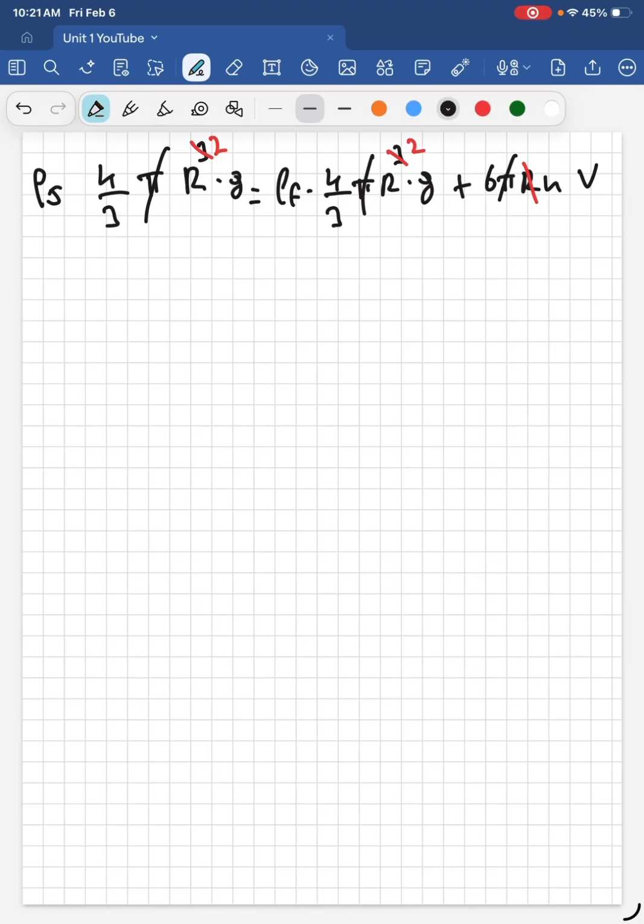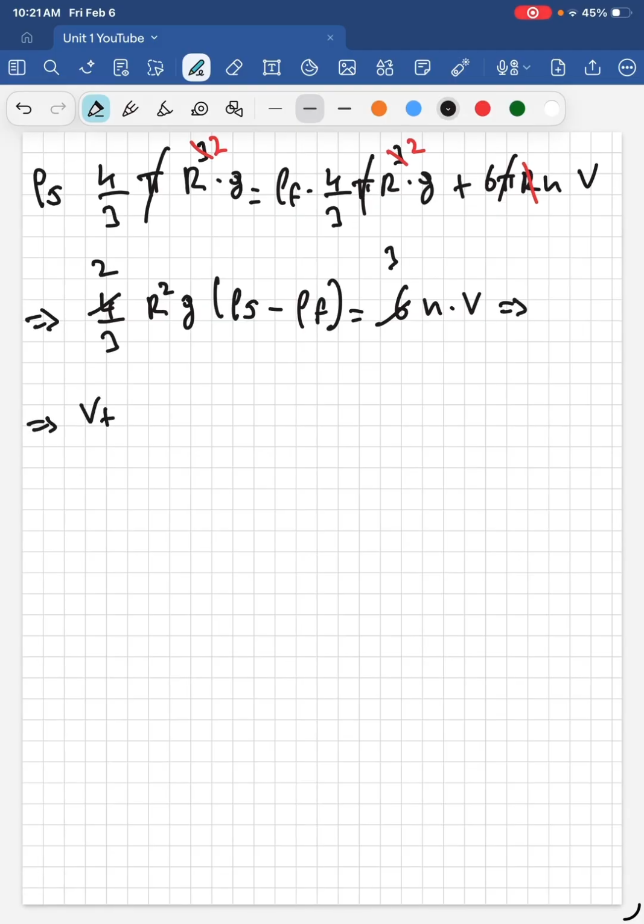I think not. So the next step is that we have 4/3 r squared g times the density of the sphere, and then I bring to the left hand side the density of the fluid, becomes equal to 6 times the viscosity times the velocity, and then we make this 2, and then we make these 3, and therefore the terminal velocity becomes equal to 2/9, I'm sorry, r squared g times the density of the sphere minus the density of the fluid over eta, and that's the terminal velocity.